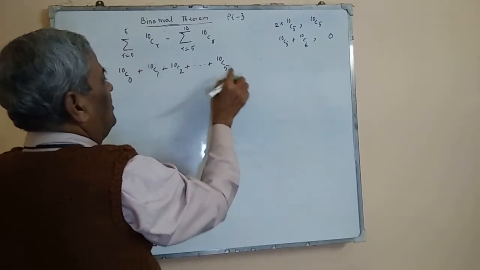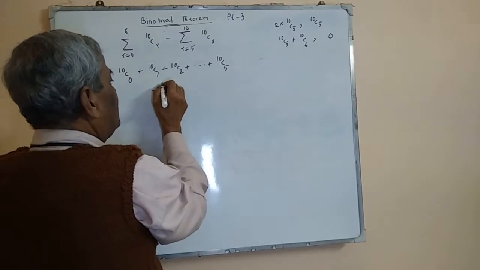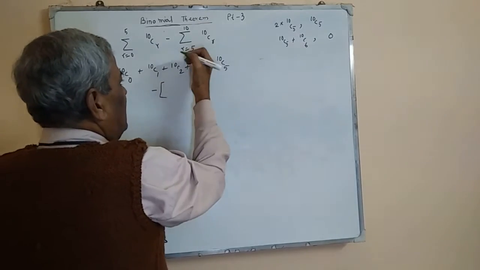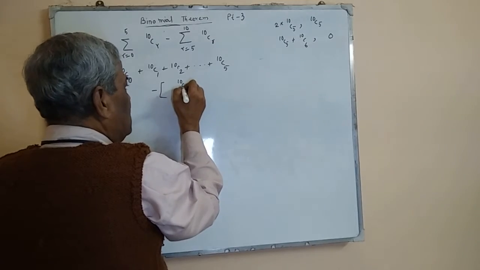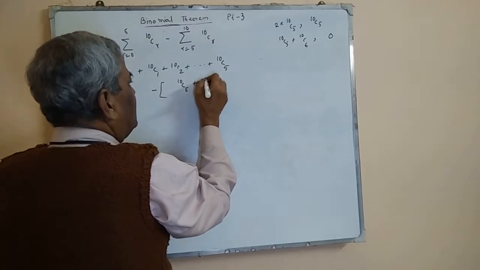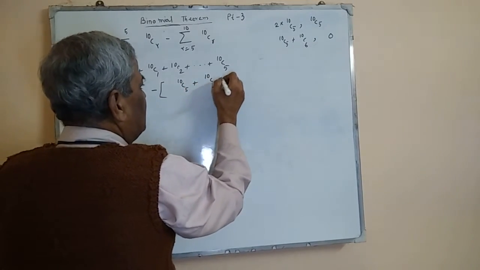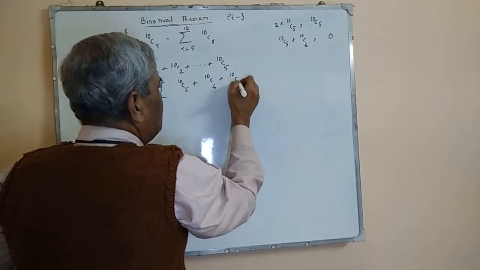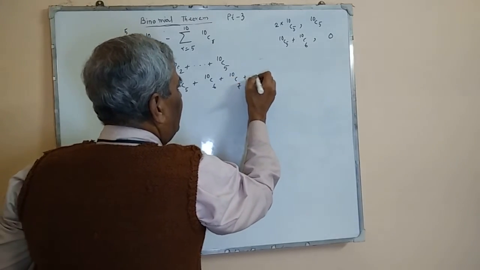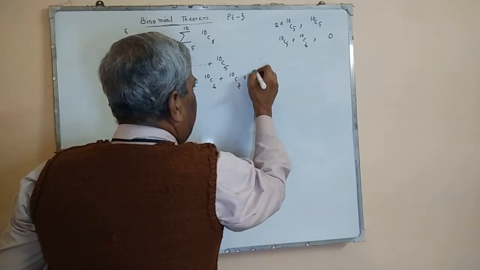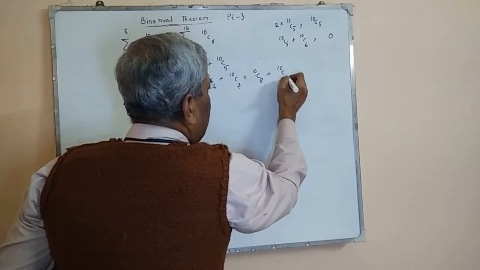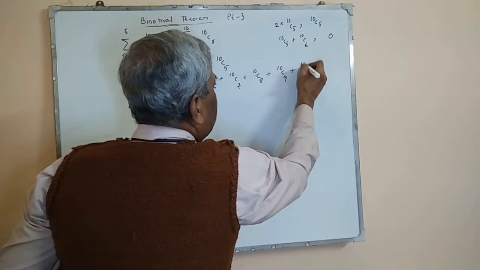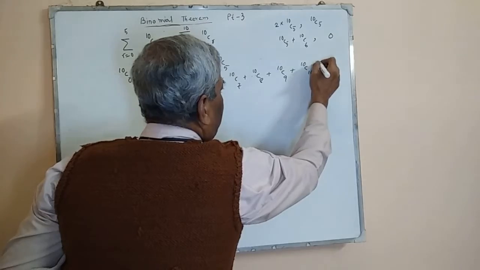Then the last term, we have to put here r equal to 5, 10C5 plus 10C6, 10C7, 10C8, 10C9 plus 10C10.